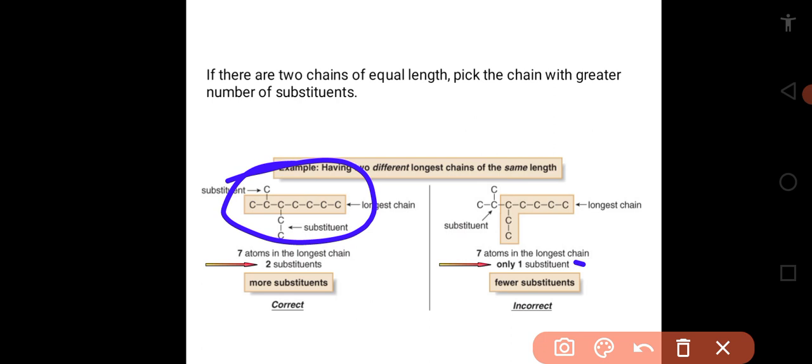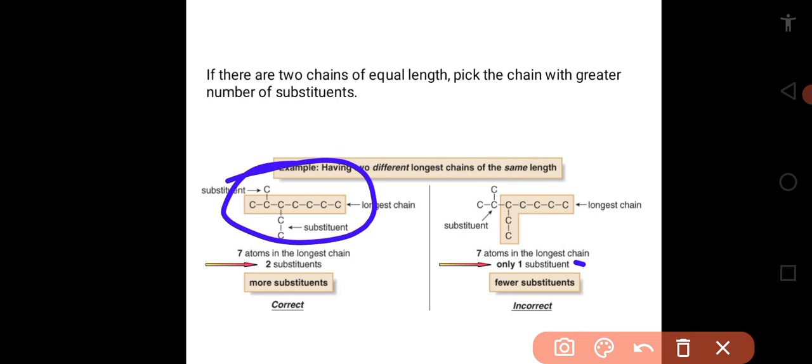That is in the case where the number of carbons in all the directions is the same, but always the length of the carbon chain supersedes the number of the substituents.